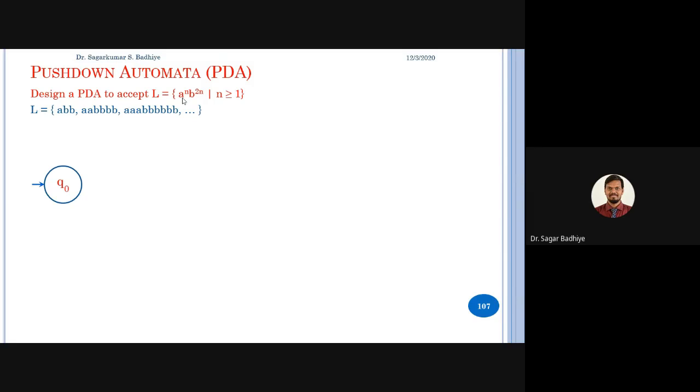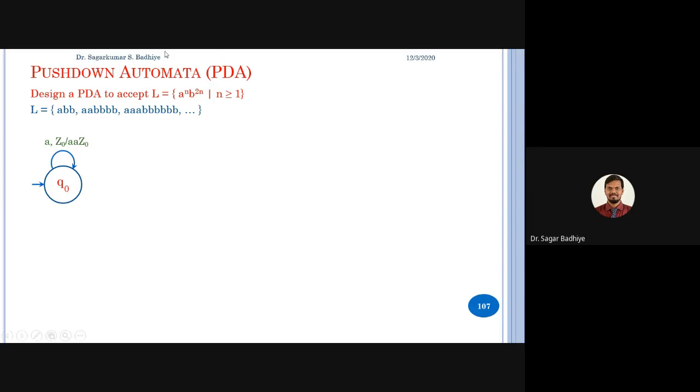So we go to Q0 itself and replace Z0 with aaZ0. That is, above Z0 we push two a's.